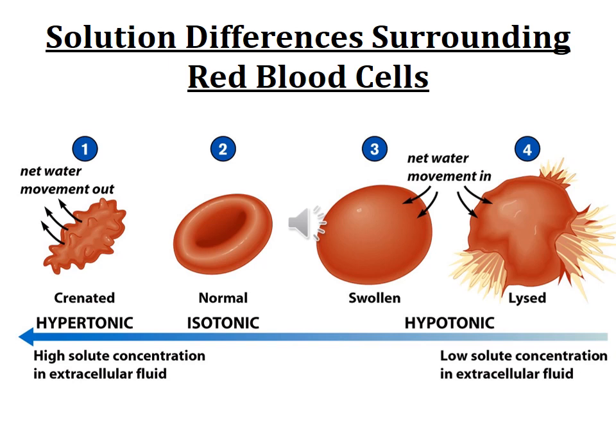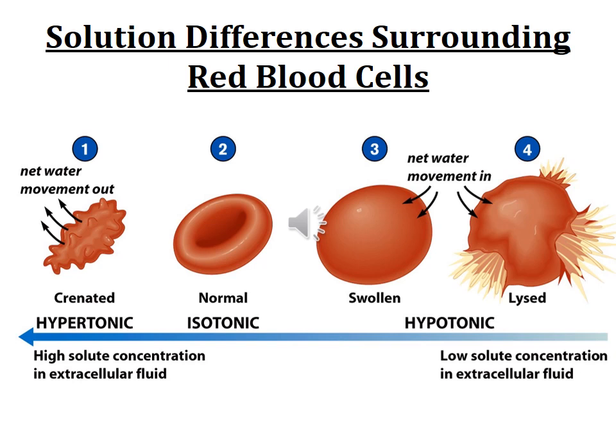Now, if I put them in a hypertonic solution, so think of the word, guys, hypertonic. Hyper means increased, enhanced, lots of. So if I put them in a hypertonic solution, meaning the solution outside the red blood cells has a higher concentration of solute, then, if you remember from the previous slide, water will move from the low concentration of solute to the high concentration.